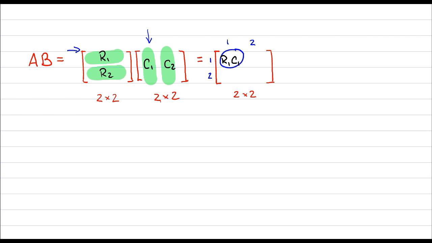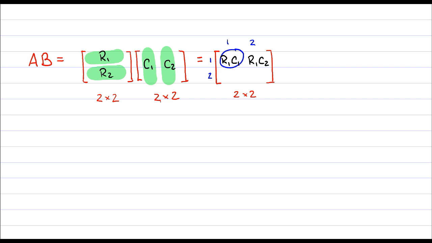Then, moving over in the same row, to calculate the next entry, I'm still in the first row, but the second column. So now I'm still going to use the first row of A, but I'm going to use the second column of B. So that's going to give me row 1 times column 2. Okay, so now I'm going to move down to the second row.